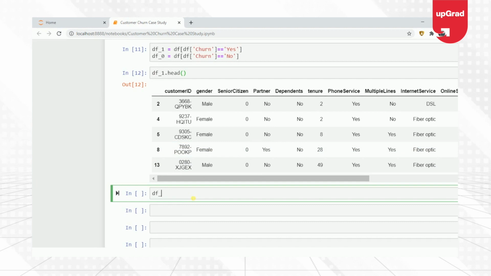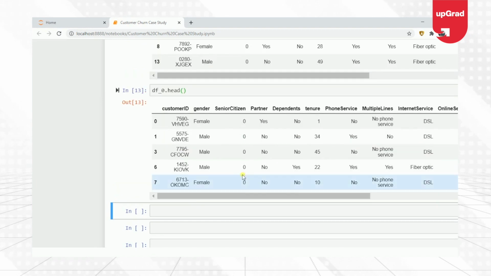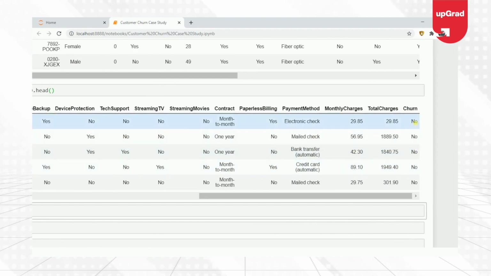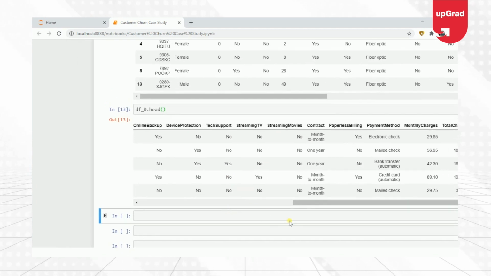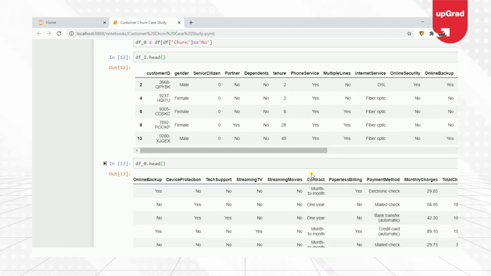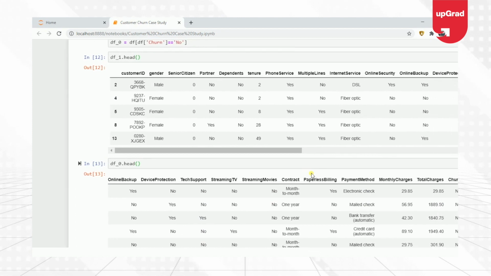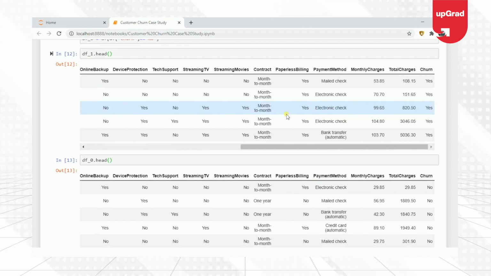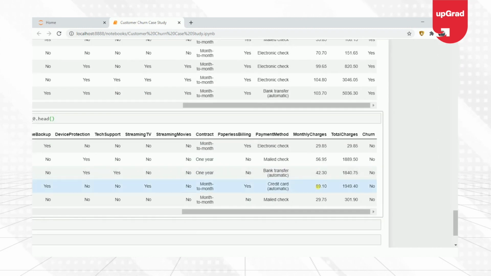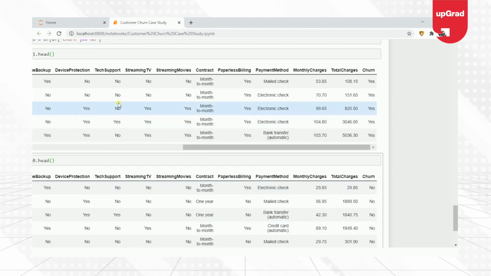Df_0 has the records where the customers are still part of the company. We are going to analyze their habits of monthly charges or total charges, their gender, and various other features to identify the patterns in these two types of customers.